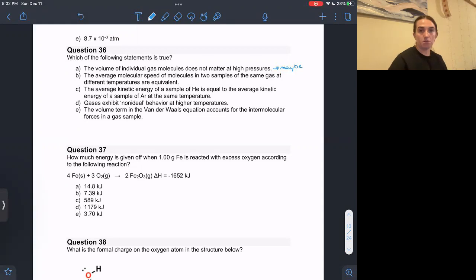I'm thinking back to exam 4, and I want to look at my other formula sheets to find the average molecular speed from exam 4 real quick.